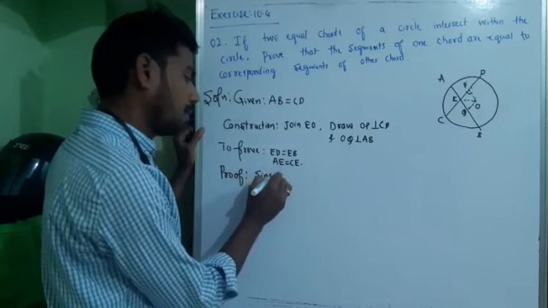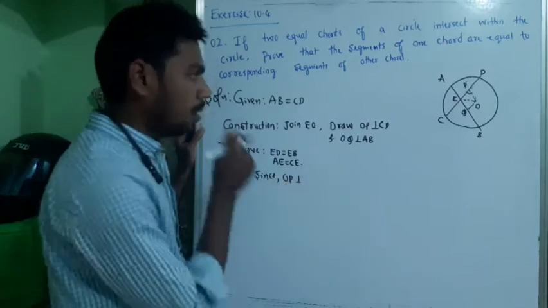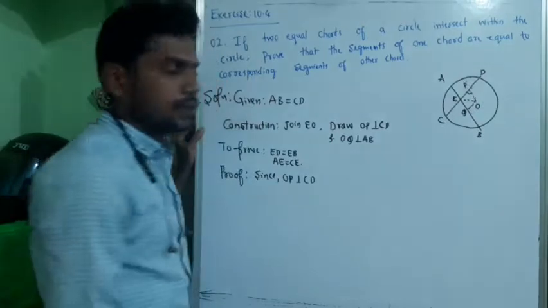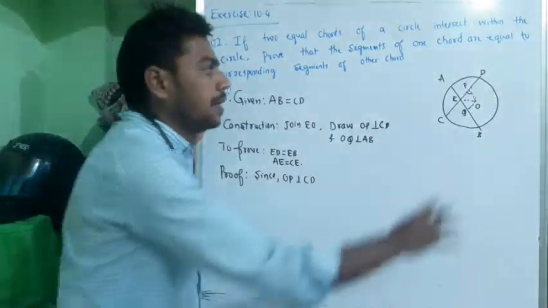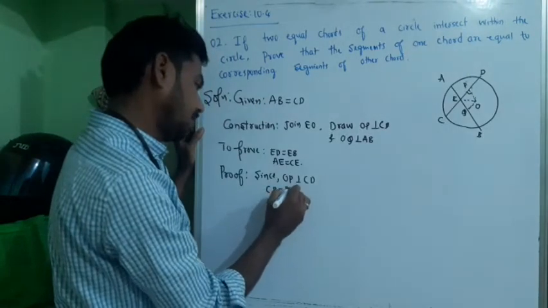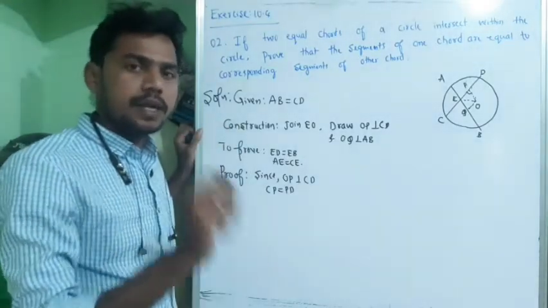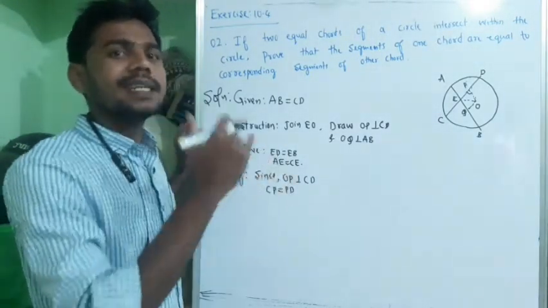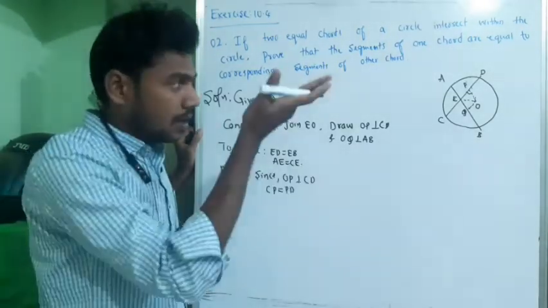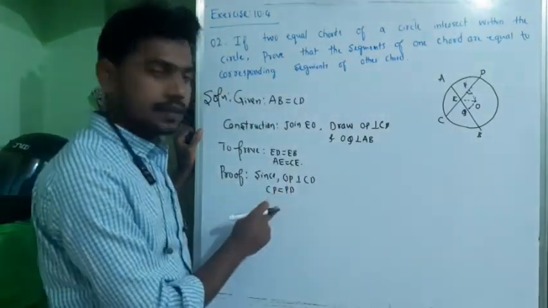Since OP is perpendicular to CD, what can we write? CP is equal to PD. Why? Because the perpendicular drawn from the center of a circle to a chord bisects the chord. That only I have written.